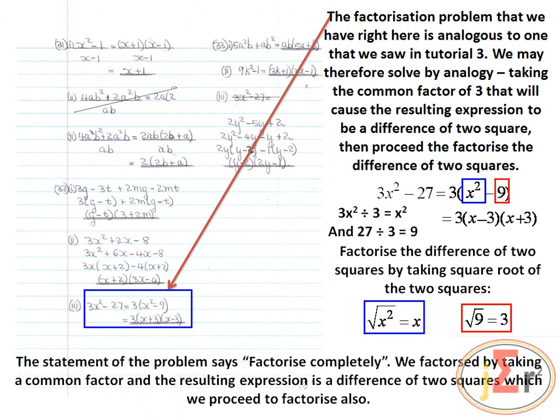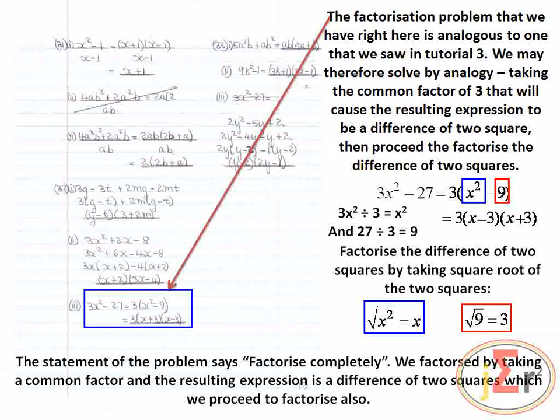And that's all there is to it. The statement of the problem says, factorize completely. We factorized by taking a common factor, and the resulting expression is a difference of 2 squares, which we proceed to factorize also. And that is what we need to do when we can factorize.